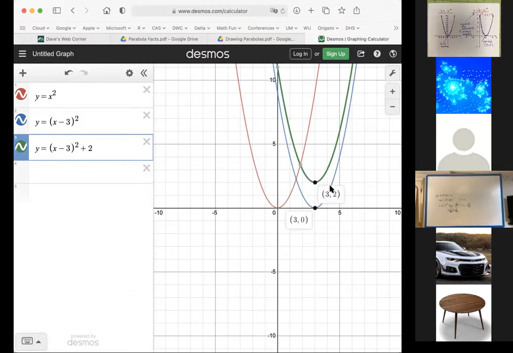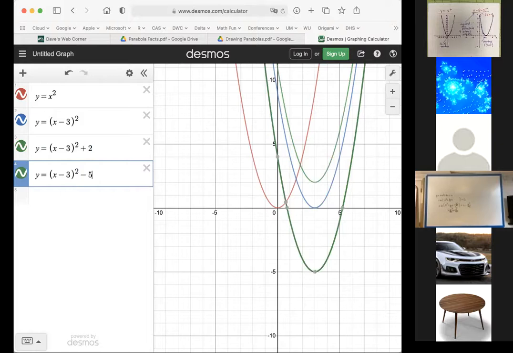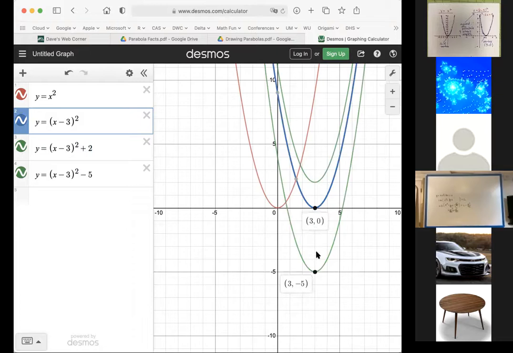All the same dots, the 1, 3, 5 pattern, but just raised by 2 steps. What happens if I take this parabola and say instead of plus 2, let's say drop 5? Now I create a green parabola that's been dropped 5 steps down. Instead of vertex at 3, 0, now the vertex is at 3, minus 5.